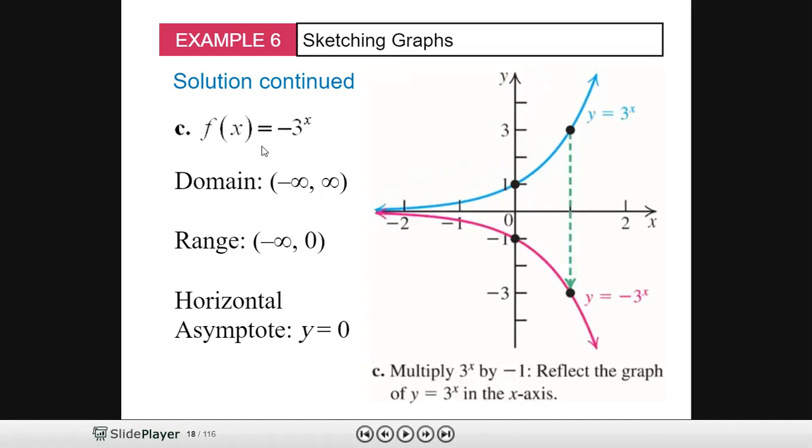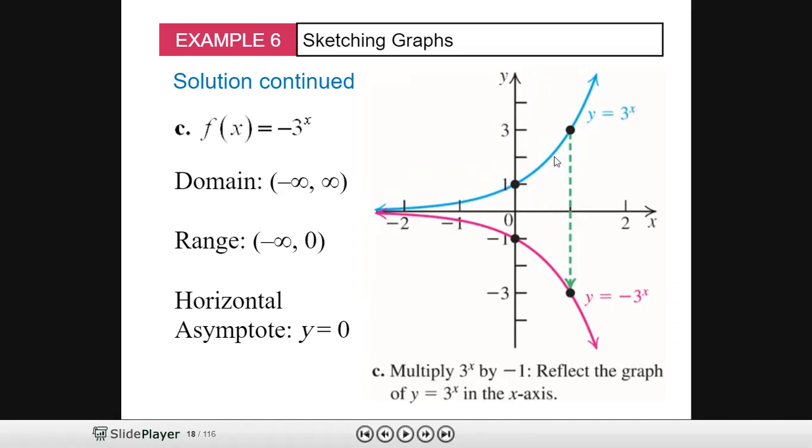Similarly, if you are considering the next example with a negative leading coefficient, or what we can say, the base is now negative. So the domain is as usual, every exponential function has this domain, and the range is this one, the horizontal asymptote is this. Originally this was f(x) = 3 raised to the power x, and you are now just making the reflection.